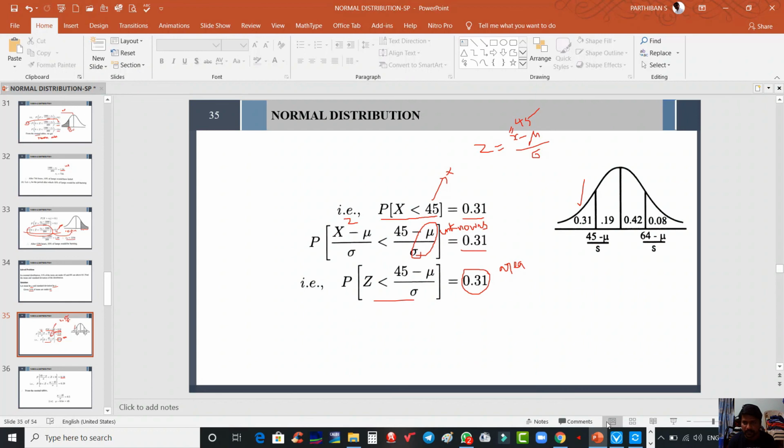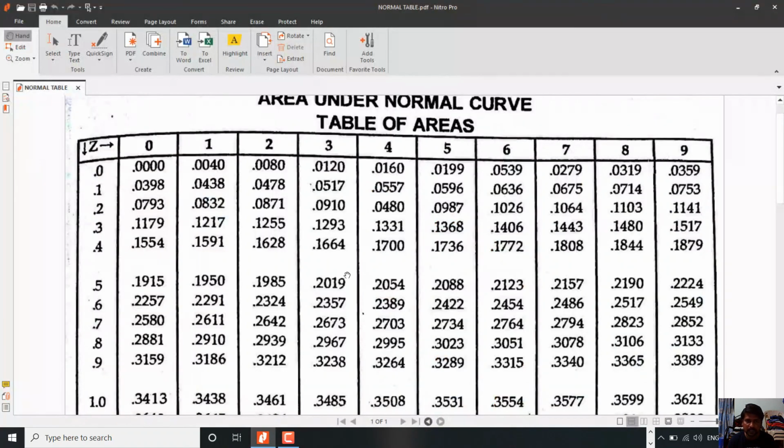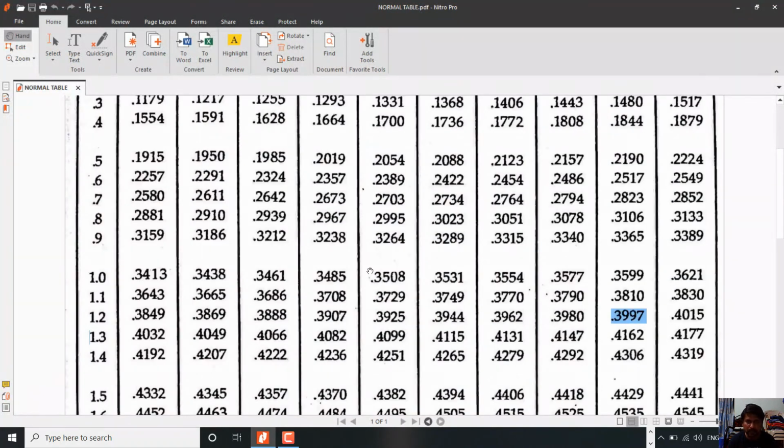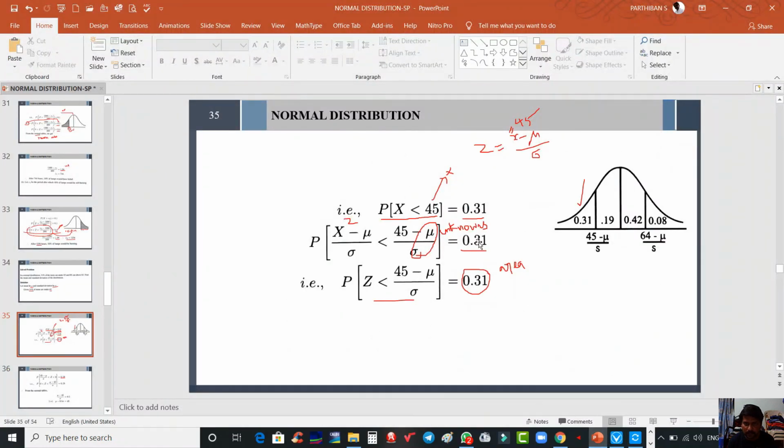For 0.31, I am going to find out the corresponding ordinate. See here, 0.31, referring to the normal table.